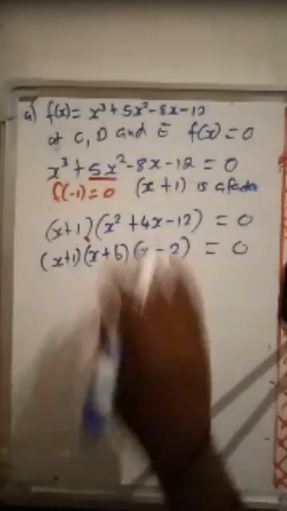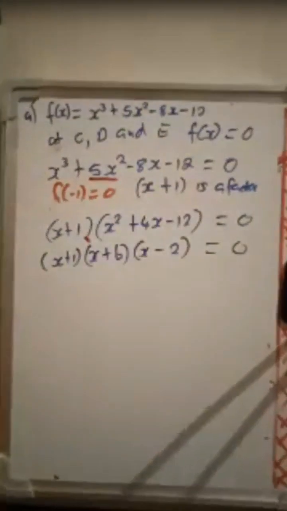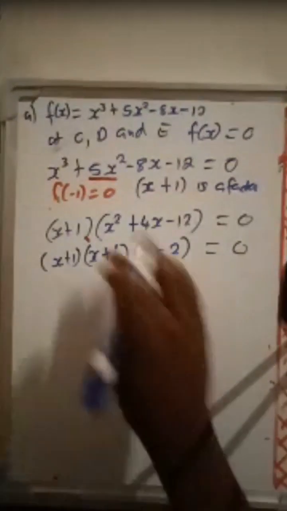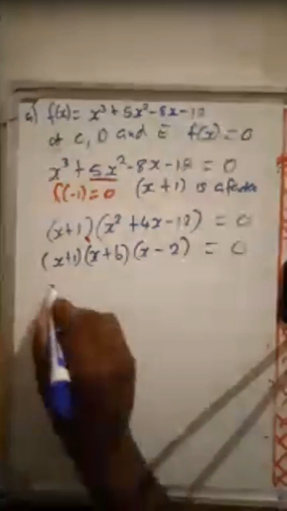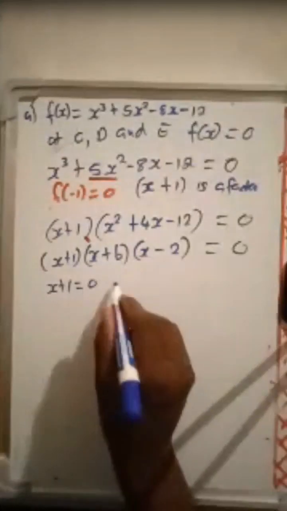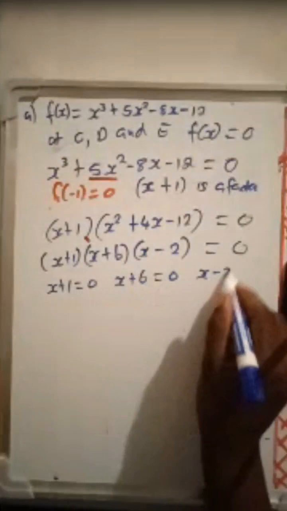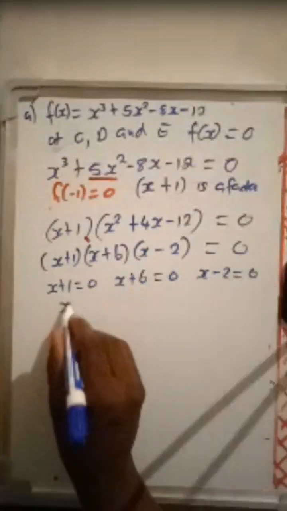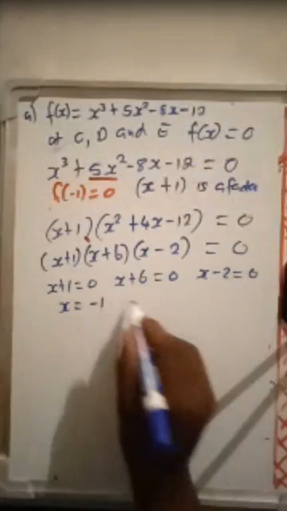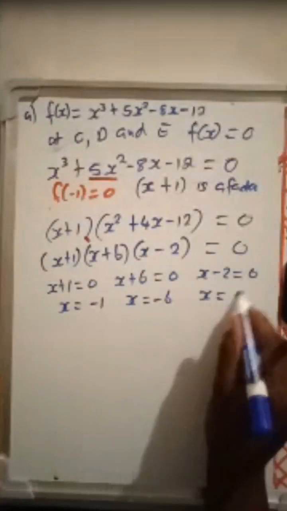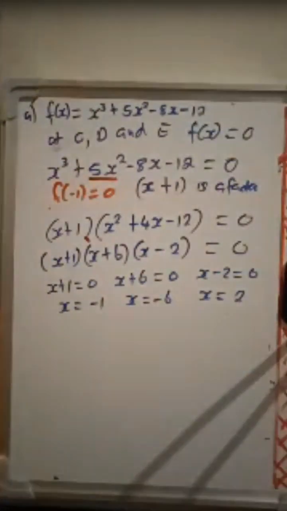If it vexes you to factorize like this, remember you can always use the quadratic formula. So we get x plus 1 equals 0, x plus 6 equals 0, x minus 2 equals 0. I mean to say x is equal to negative 1, x is equal to negative 6, and x is equal to positive 2.